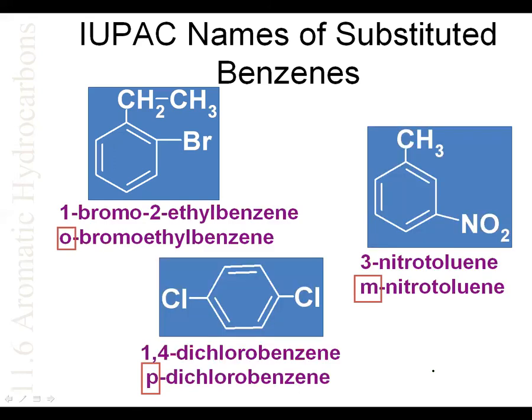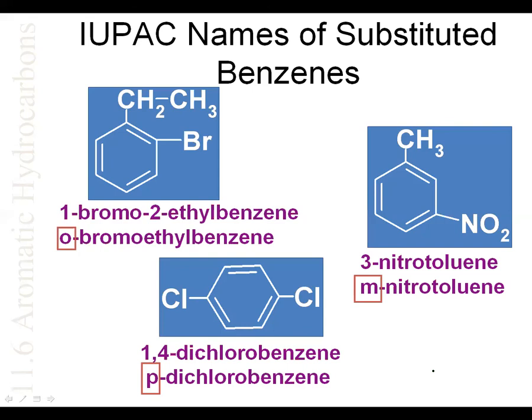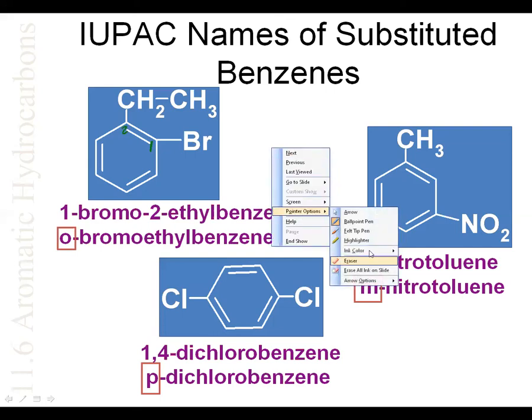So if we look at these names here, since we're getting to the end, we have 1-bromo-2-ethylbenzene as the formal name. This would be 1, bad choice of color there, 2 going counterclockwise there. Grab red maybe so we can actually see it.